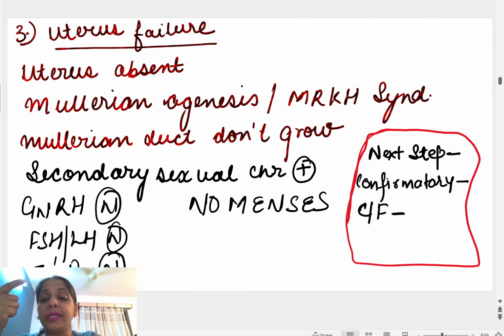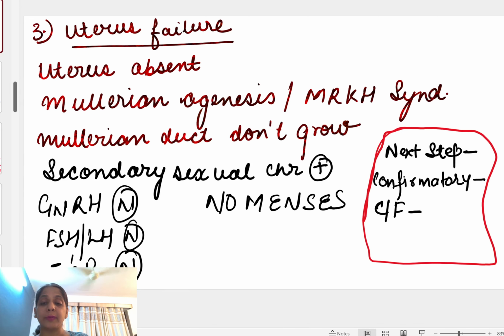So on puberty, your hypothalamus will release gonadotropin releasing hormone, and then FSH will be released. Then ovaries are functioning, so estrogen will be released, and that estrogen will cause negative feedback also. So every hormonal workup will be normal. Estrogen, progesterone, all the hormones are normal in the case of uterus failure.